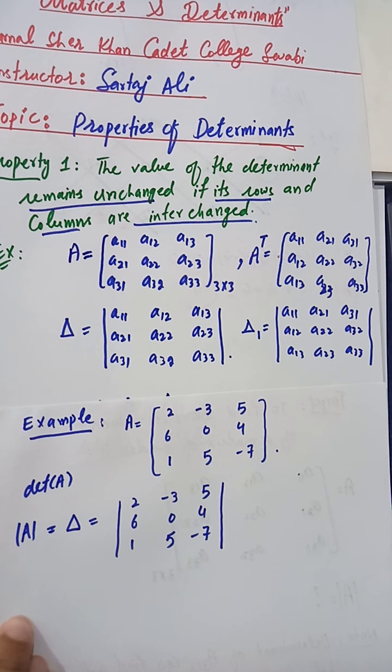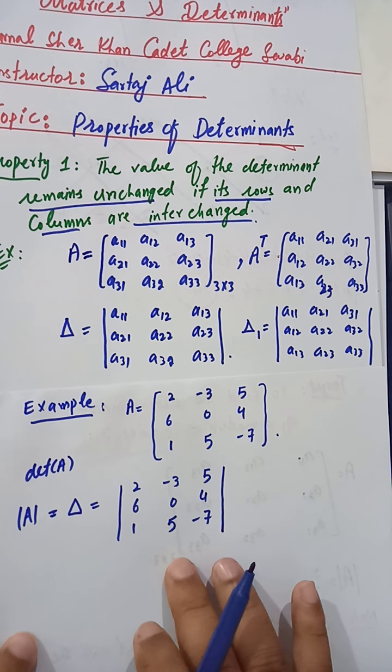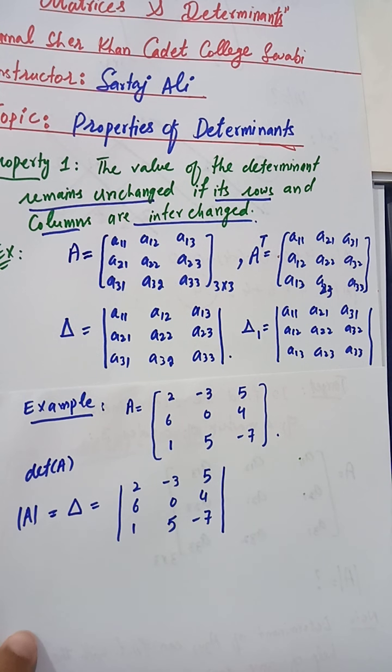If I choose a row or column in which the number of zeros is maximum, there will be less calculation, because I will not need to find the cofactors of the elements which are 0, since 0 multiplied by the cofactor becomes 0. You know that the cofactor is also an element. So the best choice is to expand the matrix with a row or column which contains the 0.